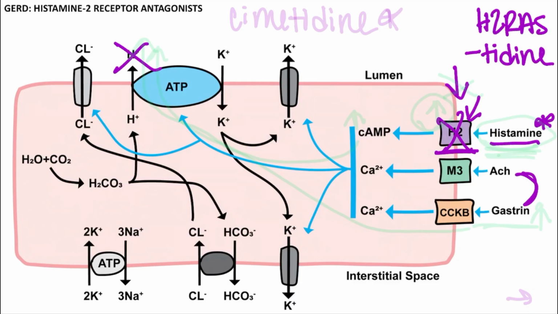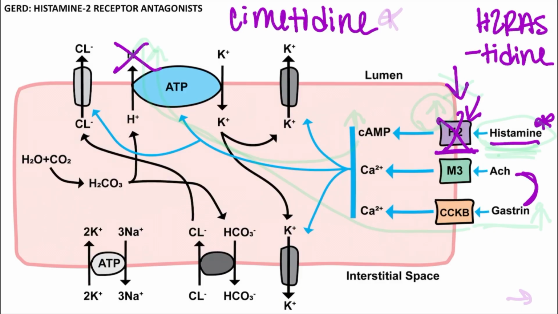So the newer H2RAs are generally very well tolerated, but cimetidine was the prototype H2RA, and it has a slew of drug interactions and adverse effects, and it is one of those dirty drugs that you're probably going to hear about often.